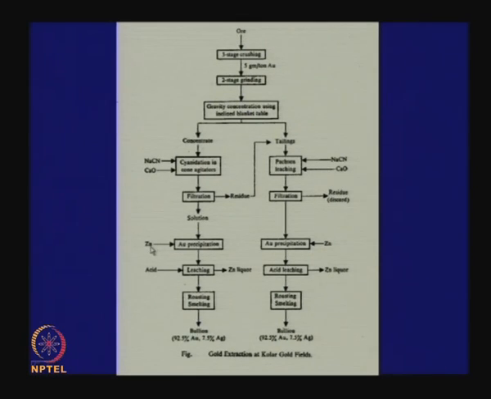From here we will precipitate gold by adding zinc, then there will be a leaching step, roasting, smelting. Finally, we can produce a gold bullion of 92.5% gold, 7.5% silver.